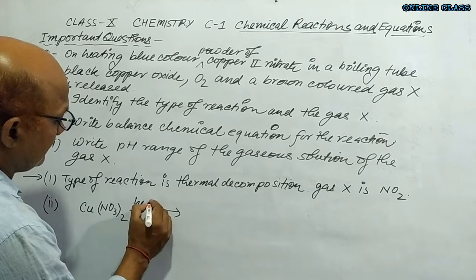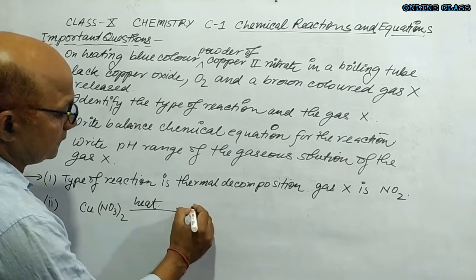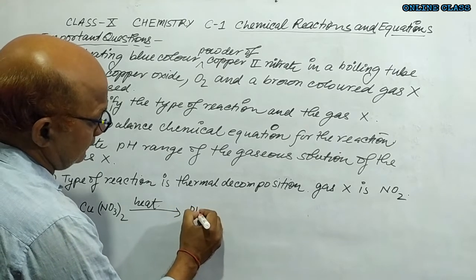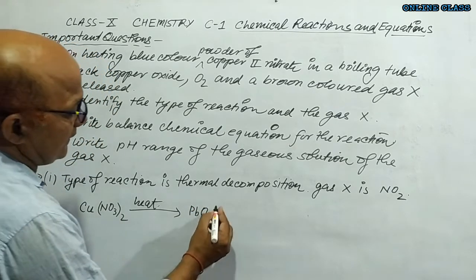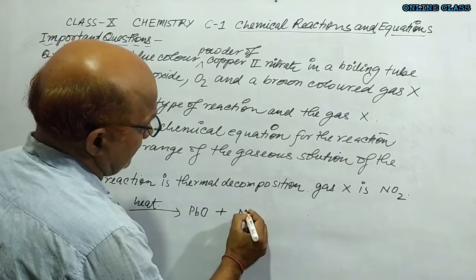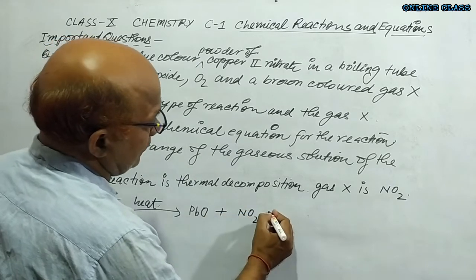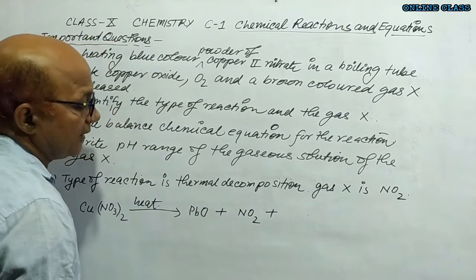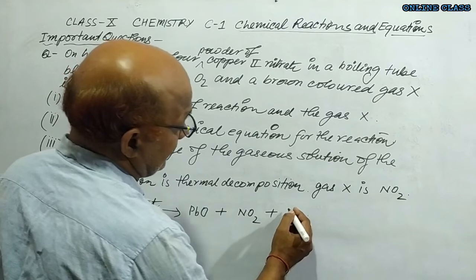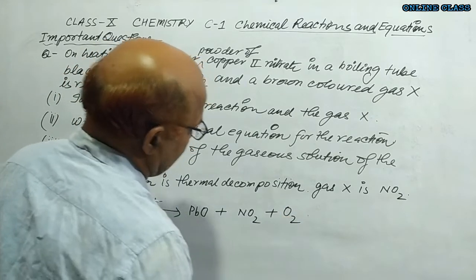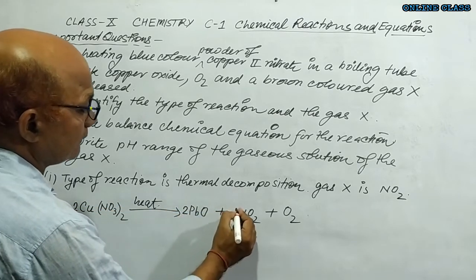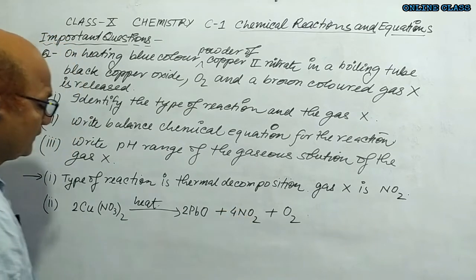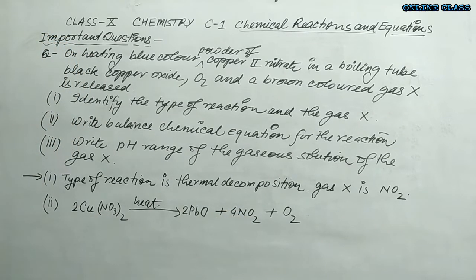When it is heated, black copper oxide is formed, and NO2, brown colored fumes, are released, which is nitrogen dioxide, along with oxygen gas. This is the balanced chemical equation for the reaction.